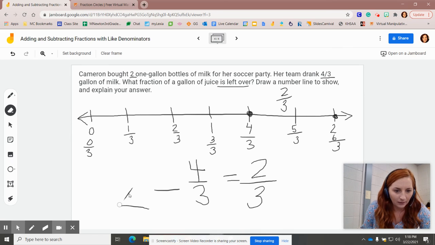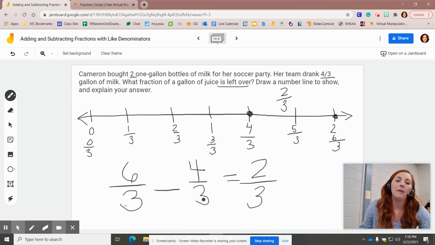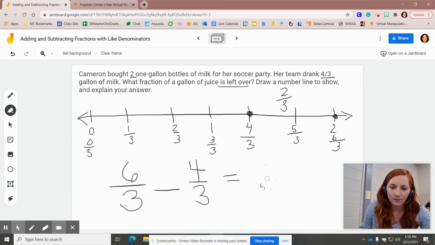So now we're going to make this 6 thirds. You should have also known that answer because we already labeled it on our number line. Minus 4 thirds. So if we did this as improper fractions, we know that our denominators are the same. So we keep it the same for our answer. Now we just subtract our numerators. 6 minus 4 is 2.